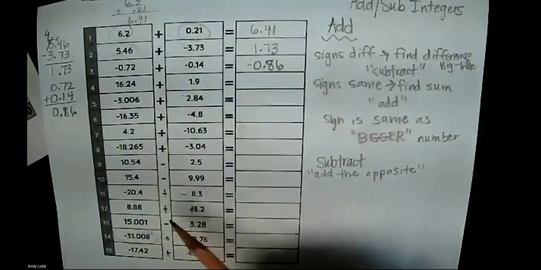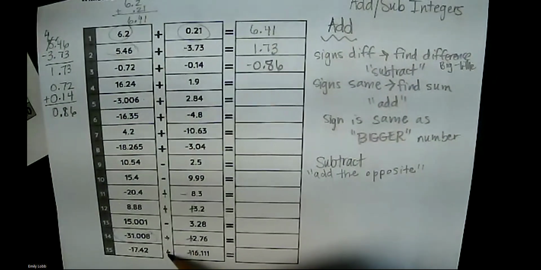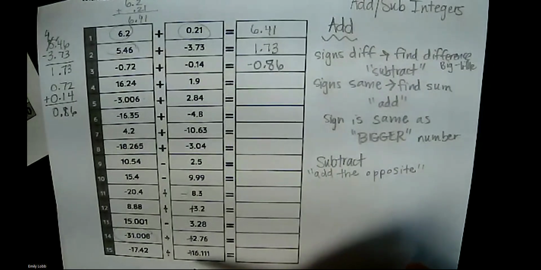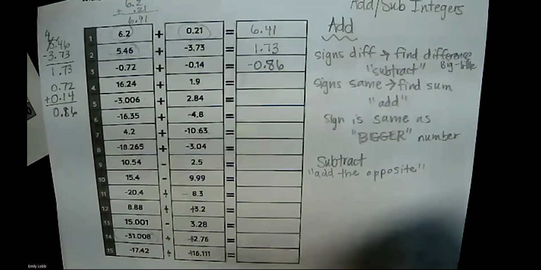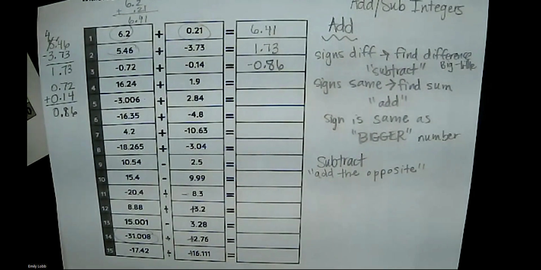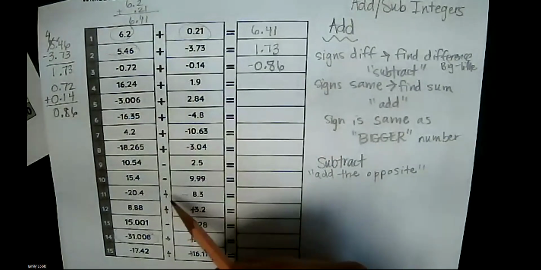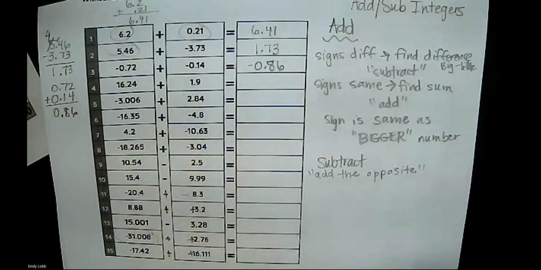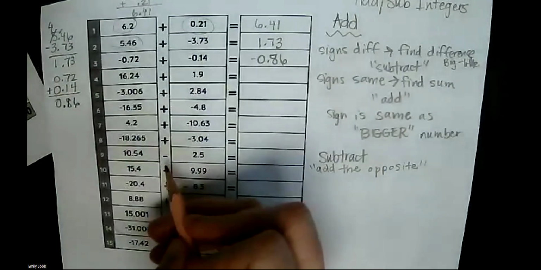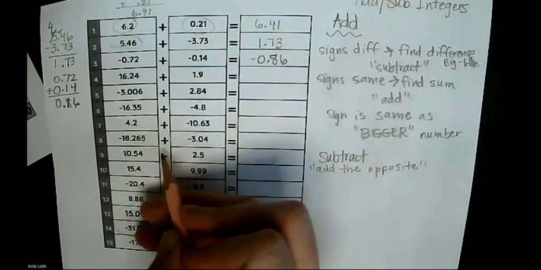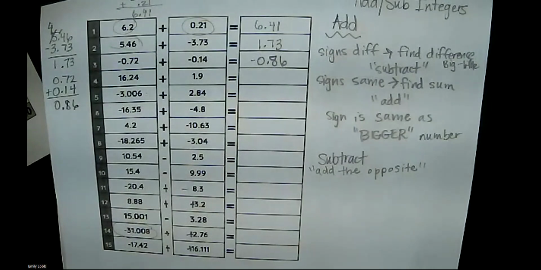So sometimes we have to change if we have a negative in front of a negative, okay? And sometimes we have to think of positives like negatives, like here for number 11. You can think of it like that here too, but it's just not necessary because it's a very straightforward subtraction problem otherwise.